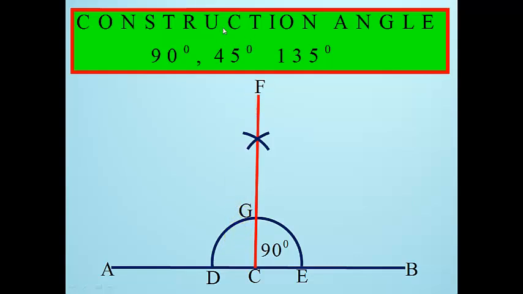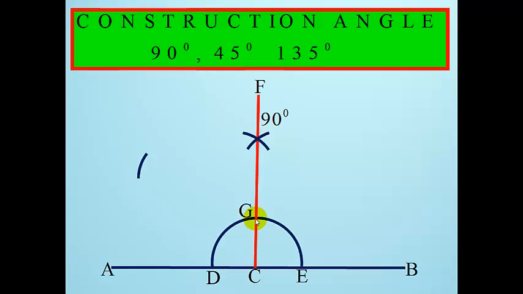Now, how do we construct the 45 degrees angle? We now know how to bisect an angle. That is how we can divide an angle into two equal angles. Now, we have our point D and our point G. So you stand at G, open to a reasonable radius and describe an arc as shown.